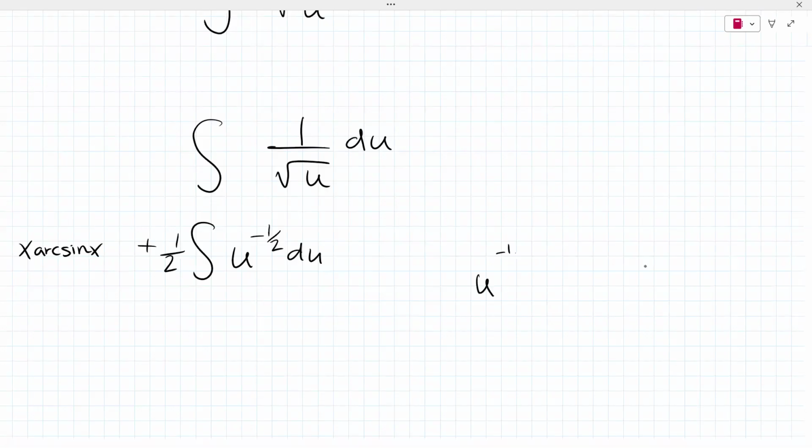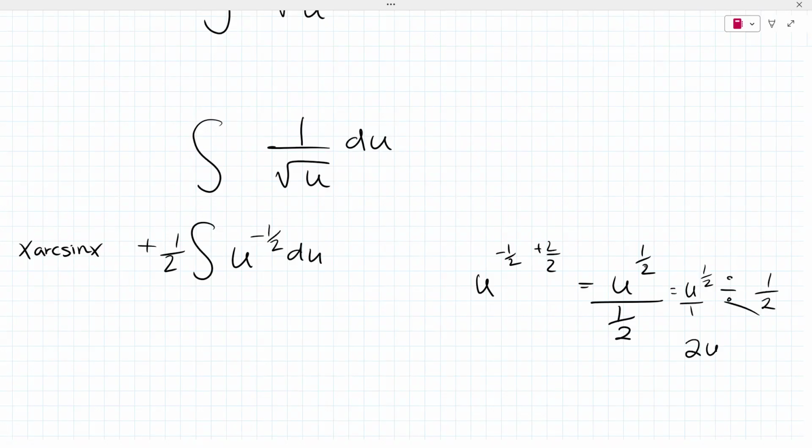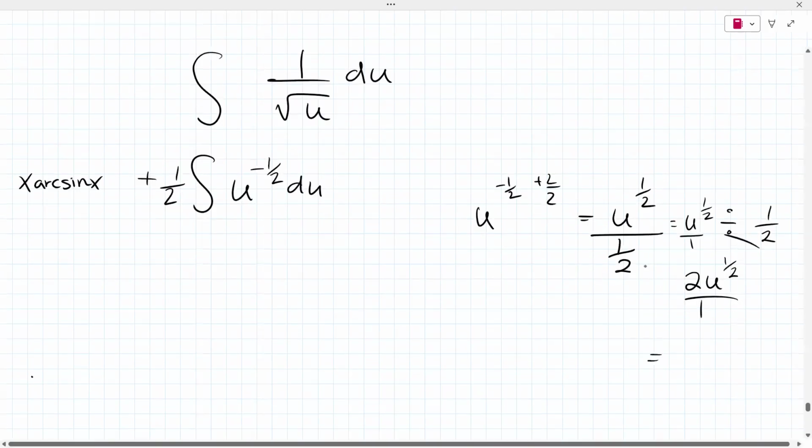You take the old power plus 1, divided by 1/2. Cross multiply, that's 2u to the 1/2 over 1. And then 2u to the 1/2 is 2 square root of u.